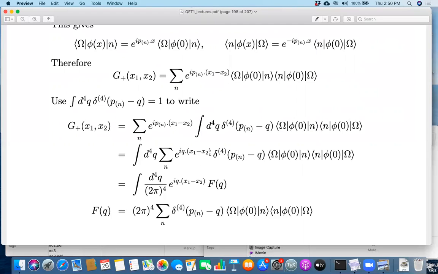Once you have written it this way, this is not dependent on n, so I can pull it out of the sum. So I have written this as the integral d4q over 2 pi to the 4, e to the iq dot (x1 minus x2), times f(q), where the 2 pi to the 4 is just a normalization that I have included. So f(q) will have a 2 pi to the 4 to cancel this, and then the rest is the sum over n of delta 4 (pn minus q) and then this.